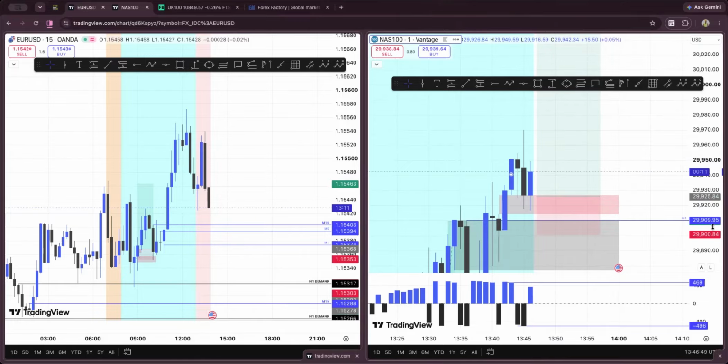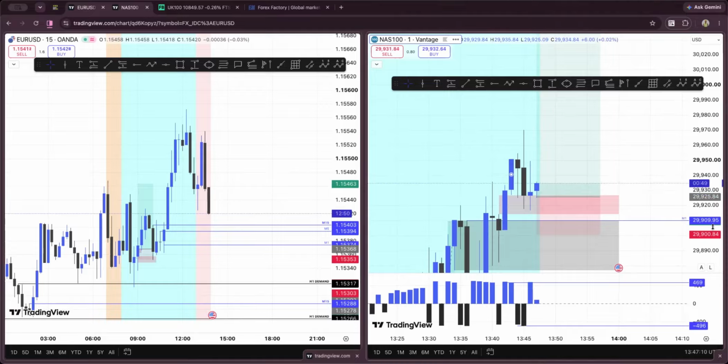Not this candlestick. I don't think it's going to be this candlestick either. Come on, come on. I'm in. I'm in from here.